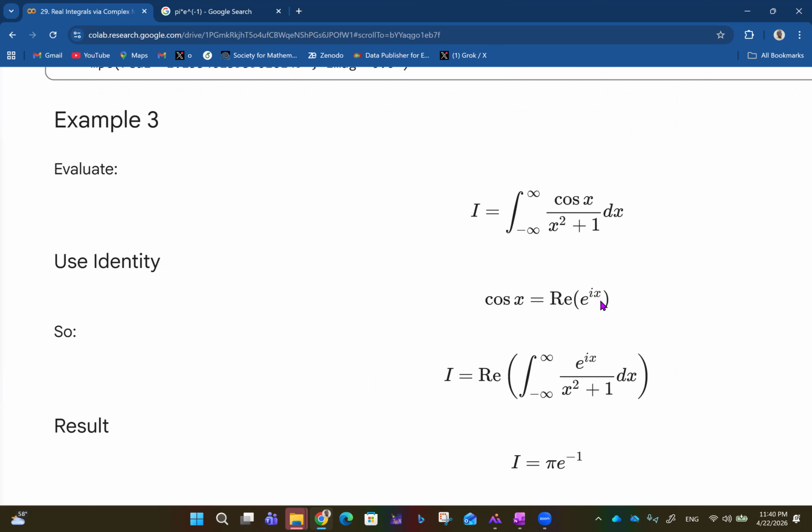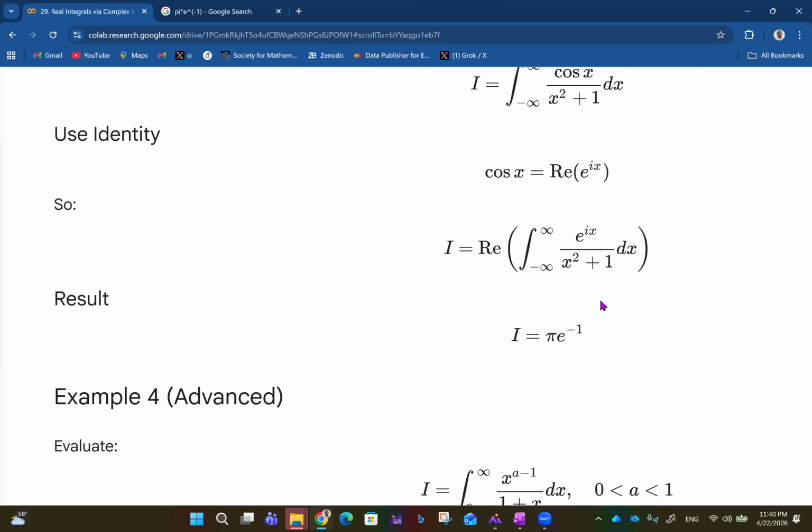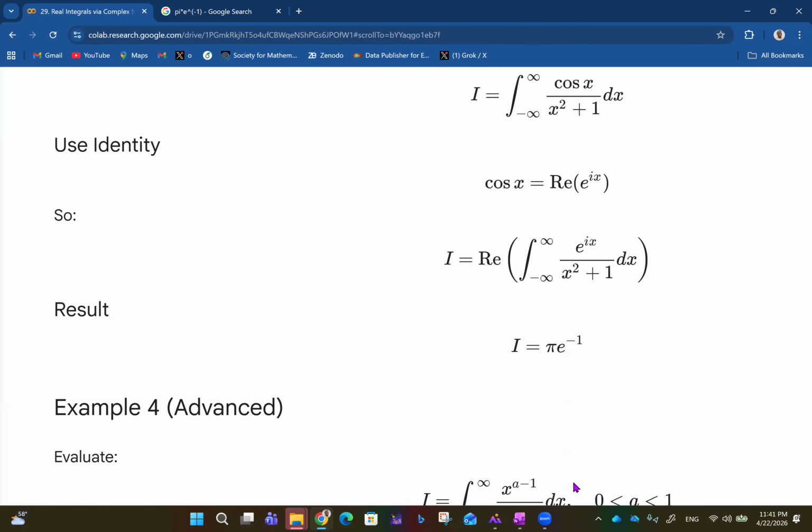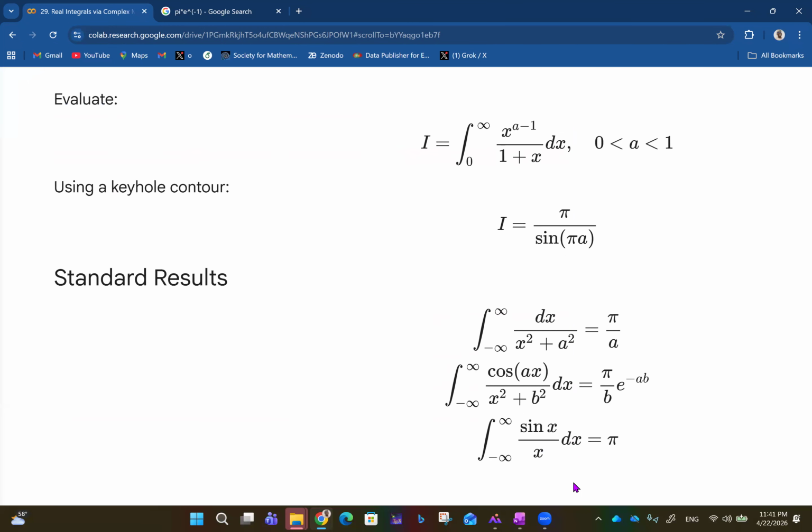It looks really tricky, but since you've solved a problem like this before, and cos x is the real part of e raised power ix, you can just use e raised power ix here. If at the end of the day you end up getting imaginary and real parts, reject the imaginary part and focus on the real, which happens to be fundamentally the same thing as what we got before.